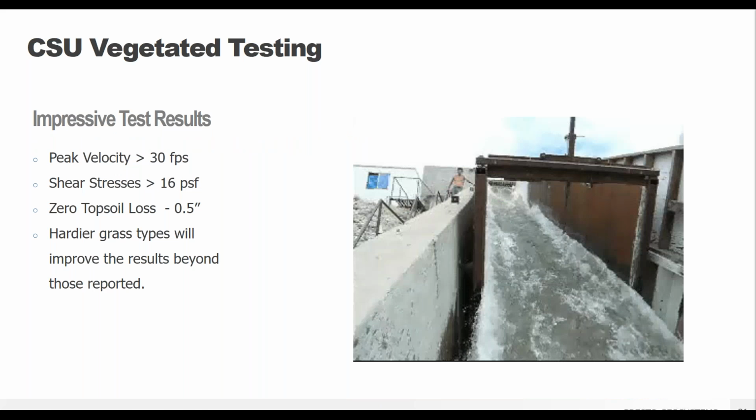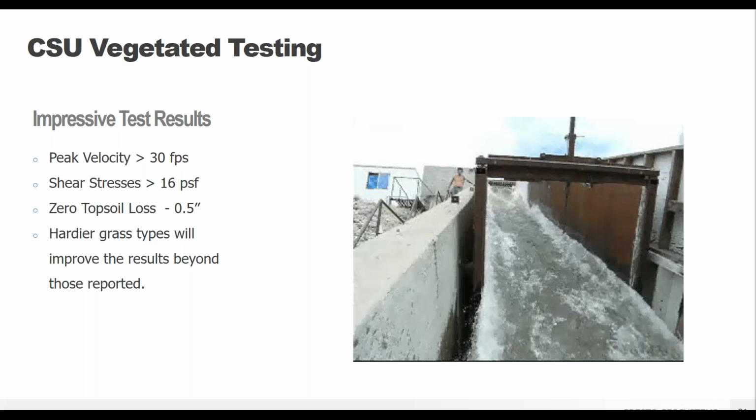The vegetated channels actually hold up really well against even turbulent flows, such as around corners or near rough terrain. Most people would think that a vegetated channel can't handle high water flows, but when it's properly confined within the GeoWeb system, velocities of near 30 feet per second and shear stresses of 16 pounds per square foot can be achieved, which is pretty good.